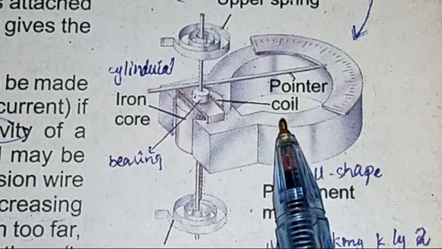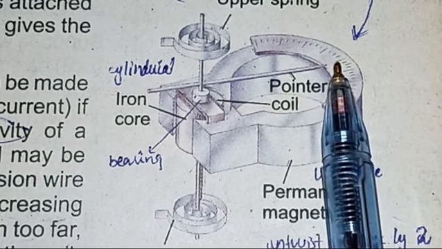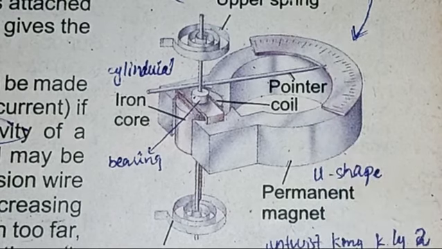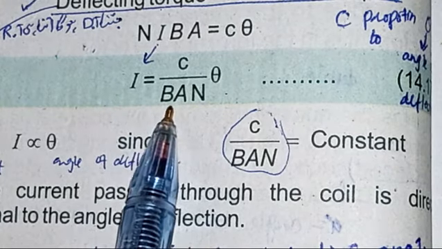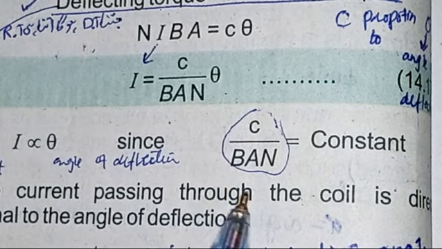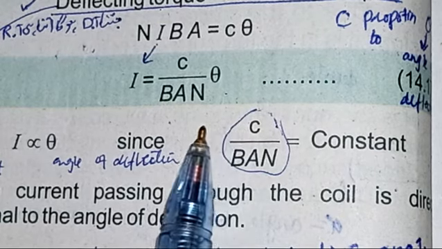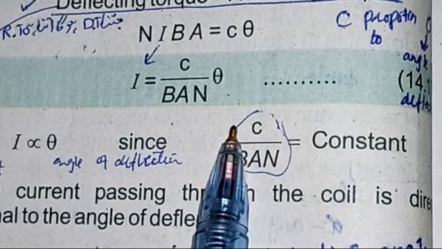The galvanometer can be made more sensitive. More sensitive means it gives a large angle of deflection. You have learned in the last lecture, I = (C/BAN) θ. I is directly proportional to the angle of deflection, as this term is constant. So to make any galvanometer more sensitive, this constant factor should be small.